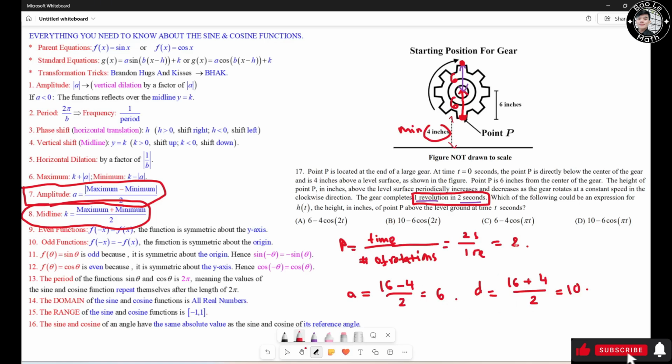Now, since we have the period is 2, we need to find B. So B equals 2 pi divided by period. So it's going to be pi. So we know that the standard equation of the sine and cosine function is going to be right here. So we just match them up. So the answer must be D.